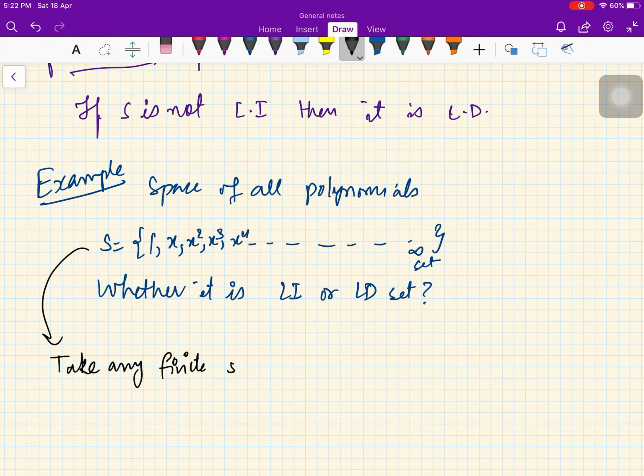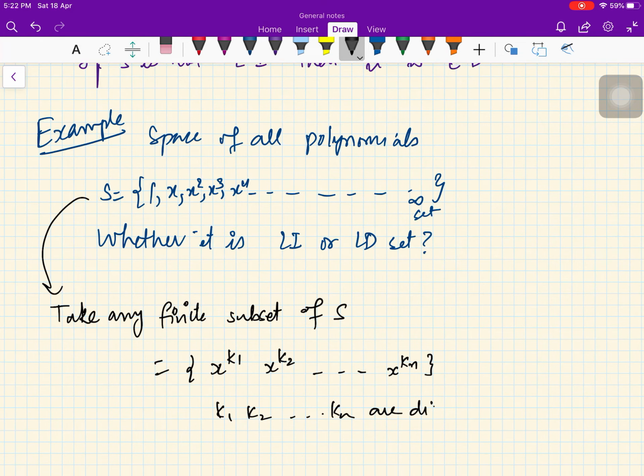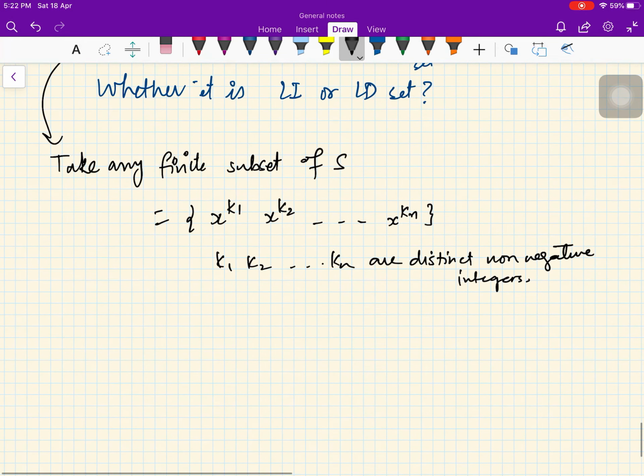You take any finite subset of S. How does a finite subset of S look? That will be maybe x raised to power k1, x raised to power k2, ..., x raised to power kn, where k1, k2, ..., kn are distinct non-negative integers.